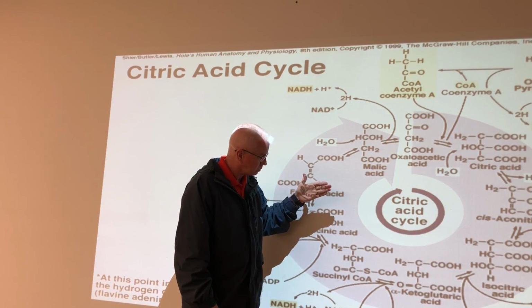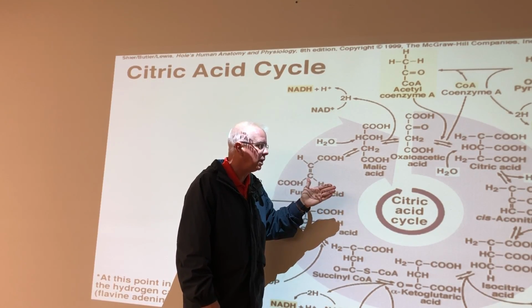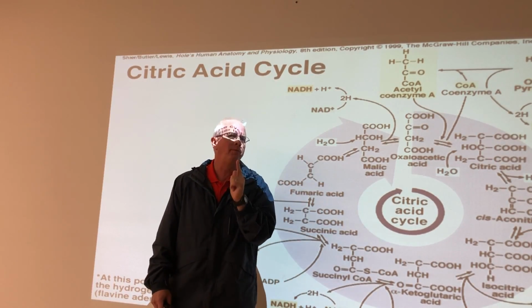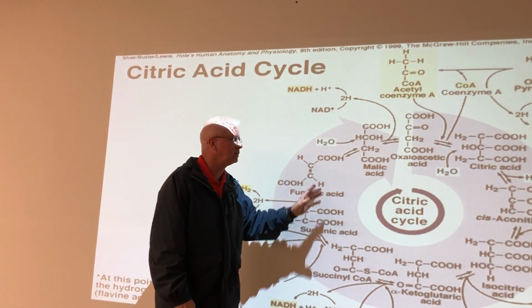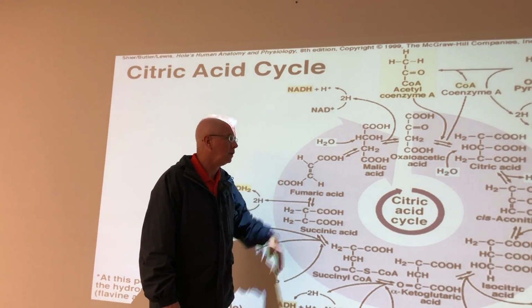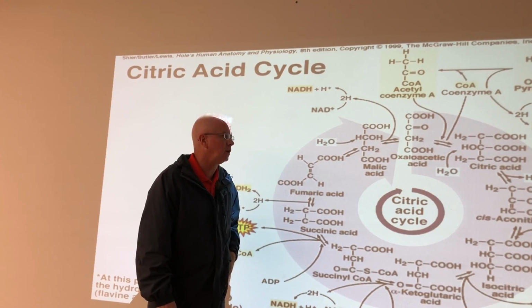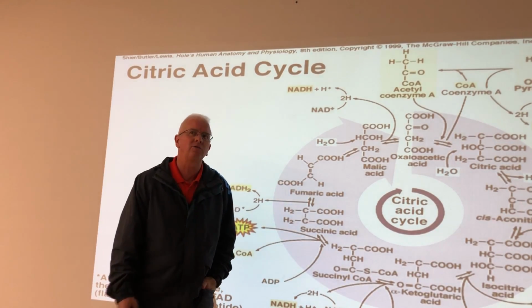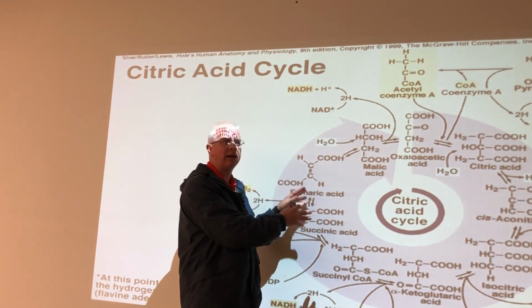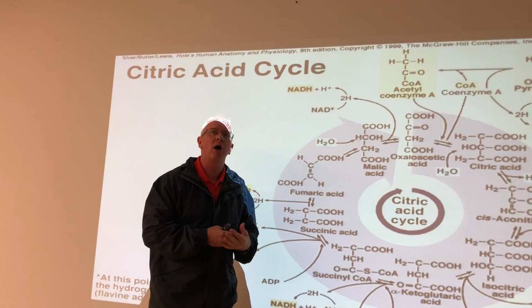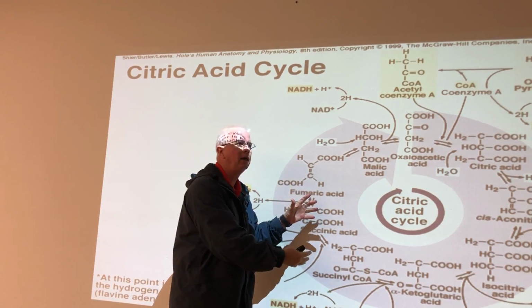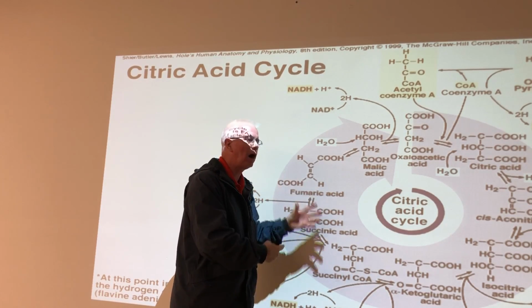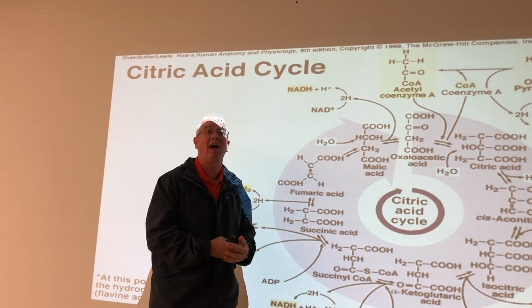So students who put on their outline that the citric acid cycle is aerobic say, okay, you told me that oxygen is necessary to do this, that these citric acid cycle reactions are aerobic, and you have to have oxygen for them. But I can look at the reactions and clearly see that they are not using oxygen. So how can you say reactions are requiring oxygen when they clearly do not?